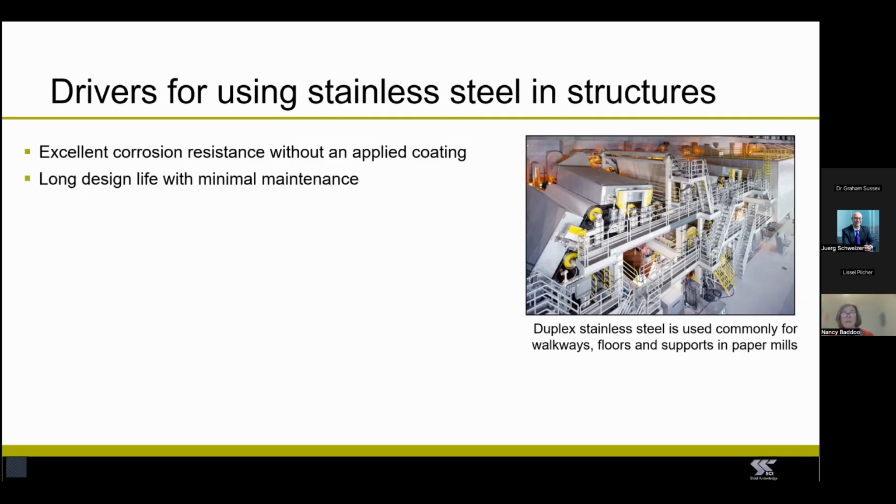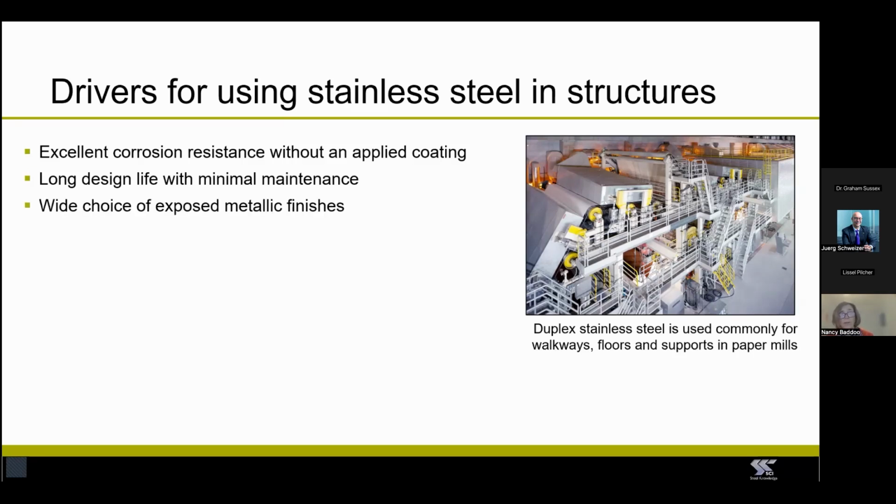The second reason is structures where you need a long design life and maintenance is difficult or impossible. What structures come to mind? Well, bridges is one example, and nuclear structures, again, maintenance is very difficult there.